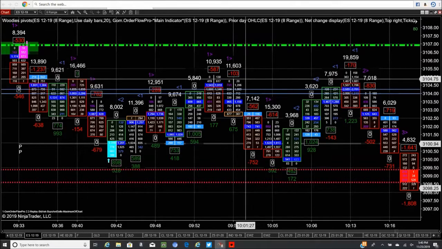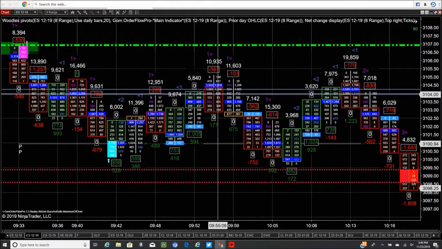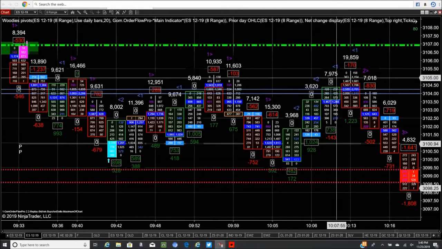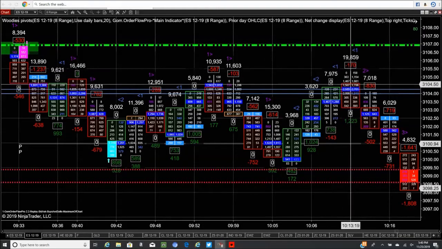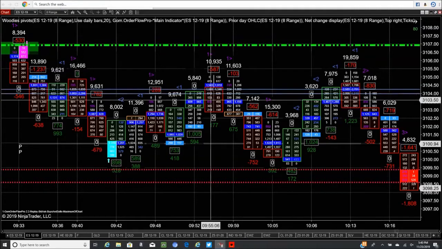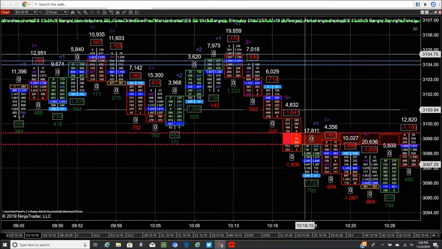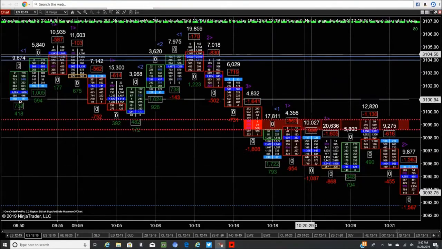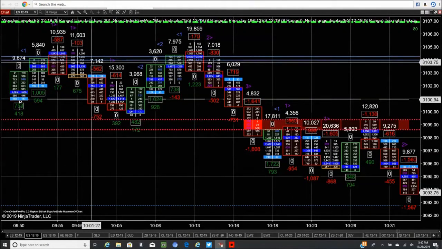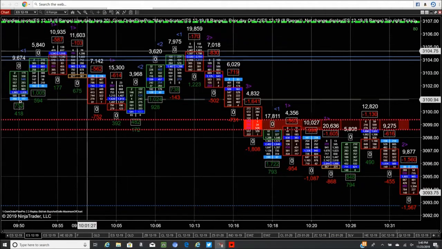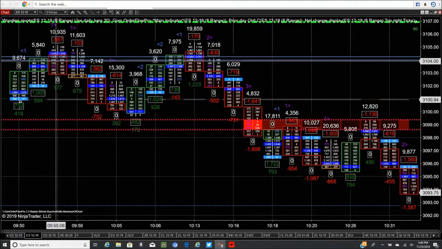Not to mention the fact that you had two sell signals right here, and we had a sell signal here, all in the general area. That's telling you something, and boom, down she goes. Because nobody wanted it, right?